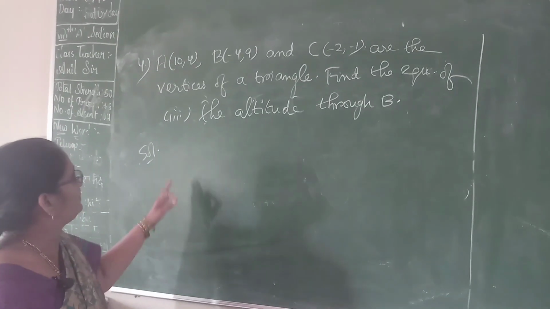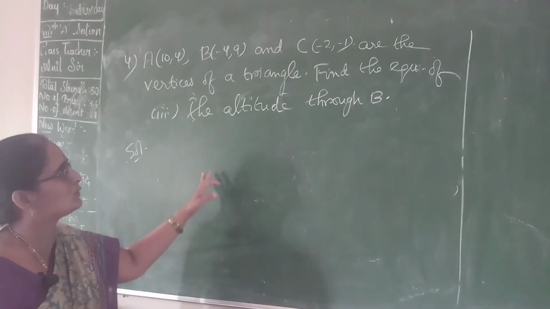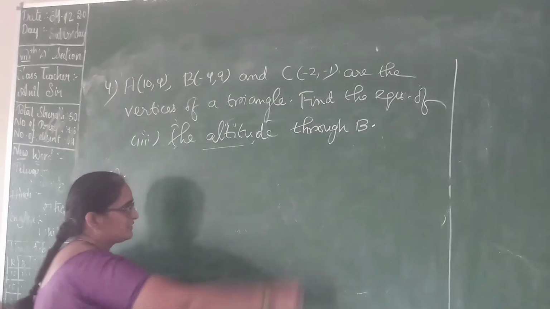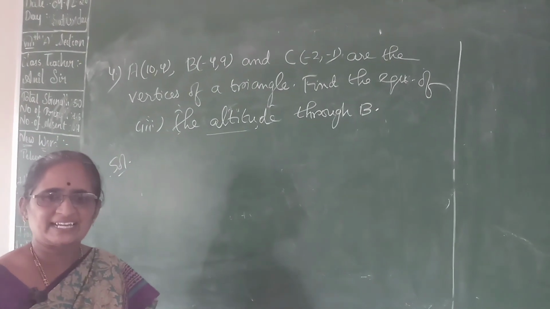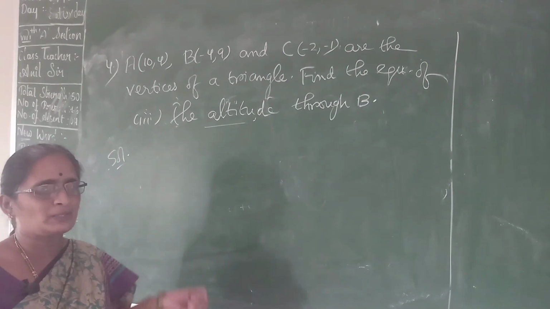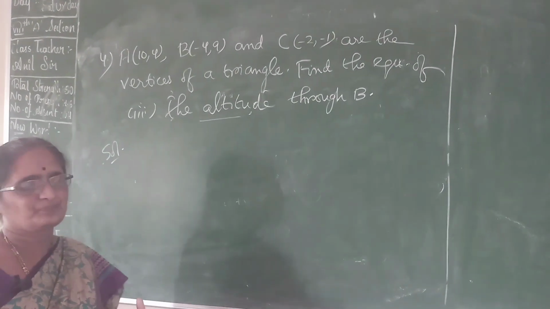Okay children, the third question: the altitude through B. What do you mean by altitude? All of you know that altitude is also called height, the perpendicular distance. Perpendicular means 90 degrees.